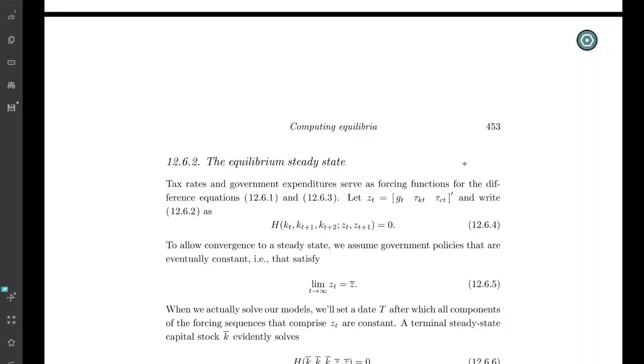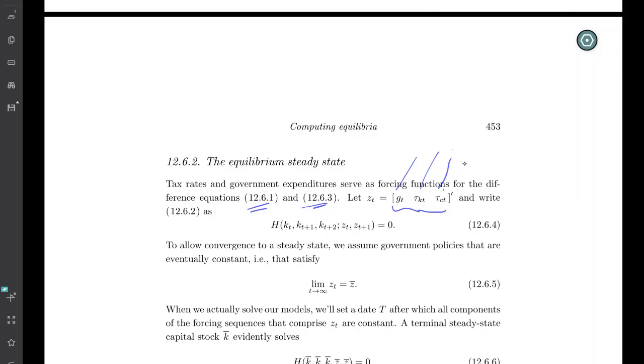So I'm going to define Z_t, meaning forcing functions. I'm going to have government expenditures, tax on capital, and tax on consumption be my forcing variables, stack them into a vector Z, and then write those two key equations that I had above as this system of difference equations.